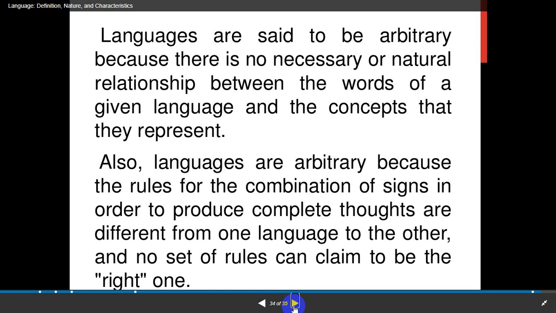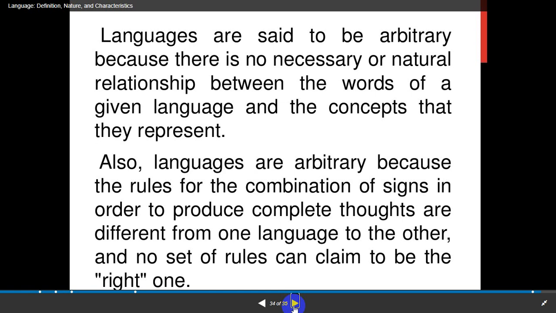So you can arrange them in a very beautiful way. You can add something to something, and you can put this one first, this one second. Also, languages are arbitrary because the rules for the combination of signs in order to produce a complete thought are different from one language to the other, and no set of rules can claim to be the right one.